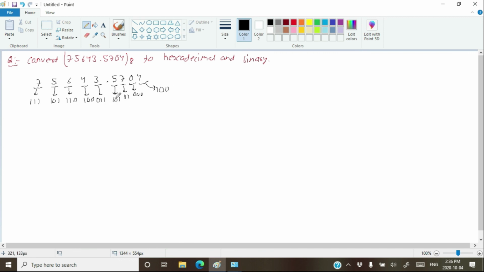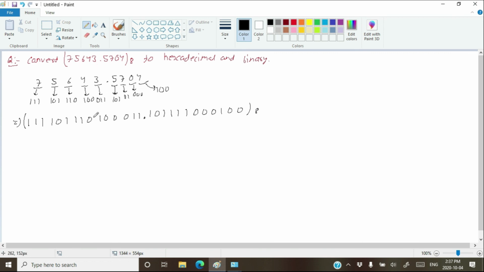Okay, now write these binaries just one after another: 111, 101, 110, 100, 011 dot, because after 011 we have dot, then 101, 111, 000, 100. Okay, this is the binary equivalent of the octal number shown above.